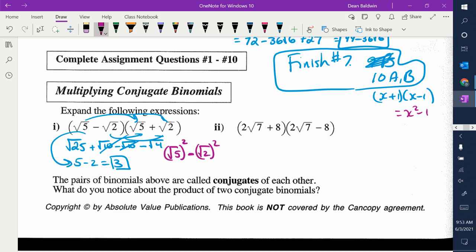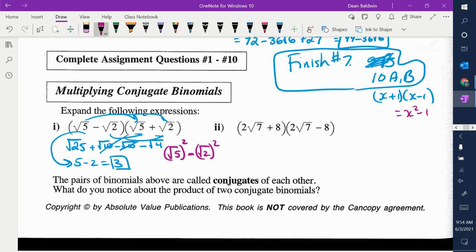We're going to come back to factoring. This is the same idea. It's just the first term squared minus the second term squared, because when you square root, you just get what's in it. 5 minus 3, 4. If you don't like that, or you're not going to remember it, just FOIL it every time. It's a bit more work, but you will get the right answer.